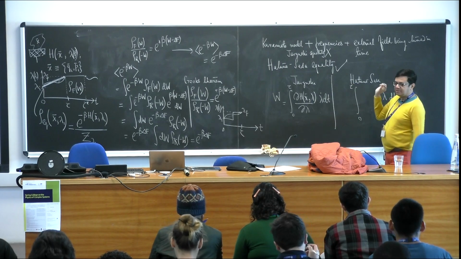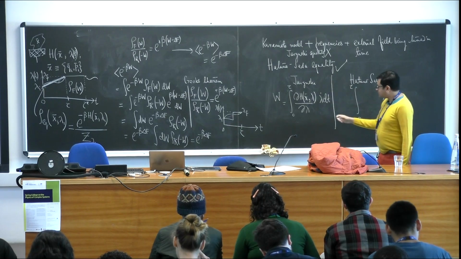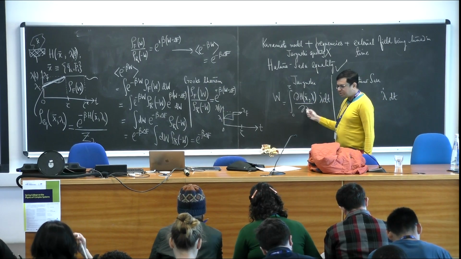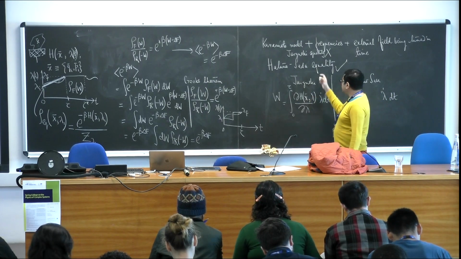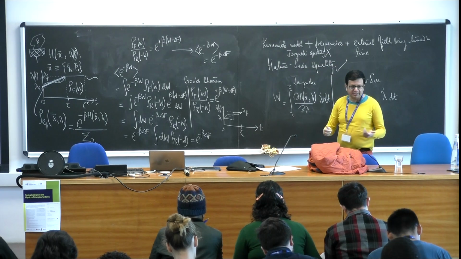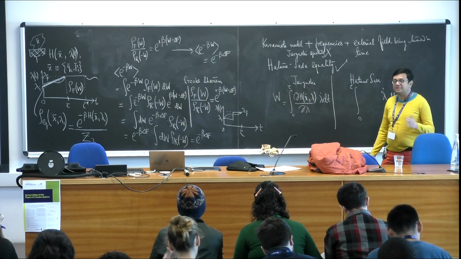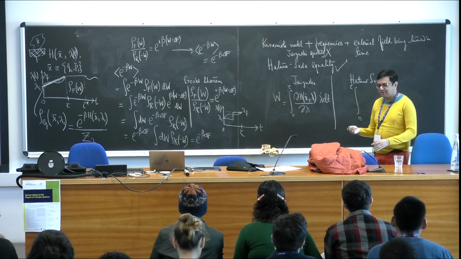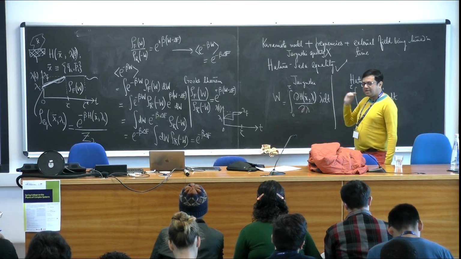This part I can easily copy paste. But the question is, what about this guy? What is this? Because when you have frequencies in the Kuramoto model, the dynamics doesn't derive from an underlying Hamiltonian. We saw this. So what do I write for this guy?